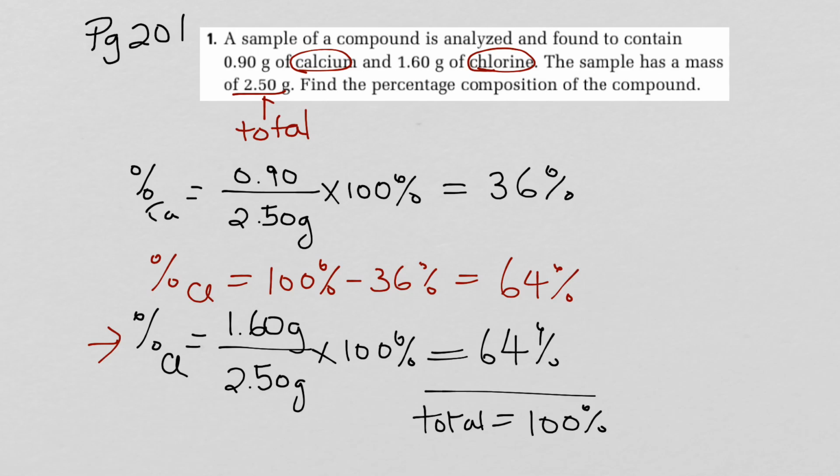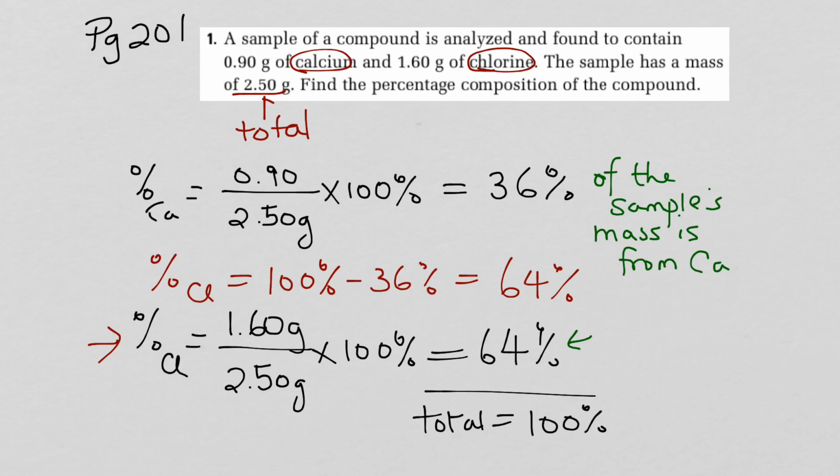But remember what these numbers mean. This means that 36% of the sample mass is from calcium. Right?